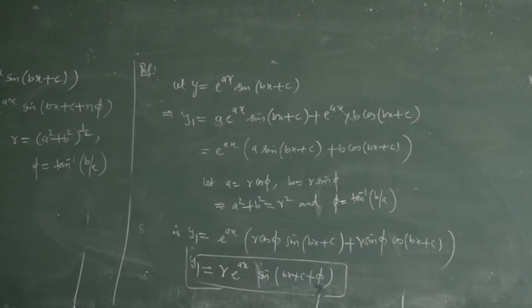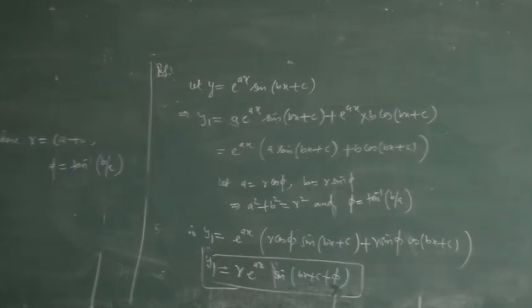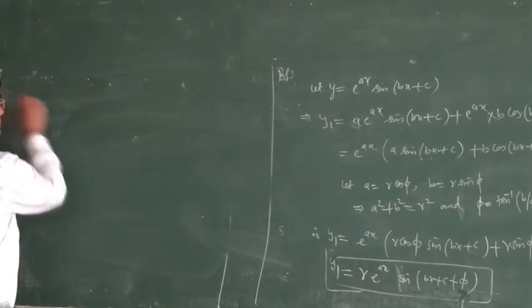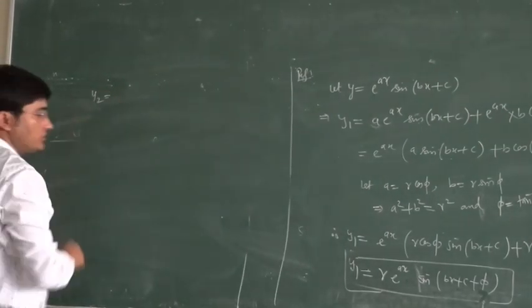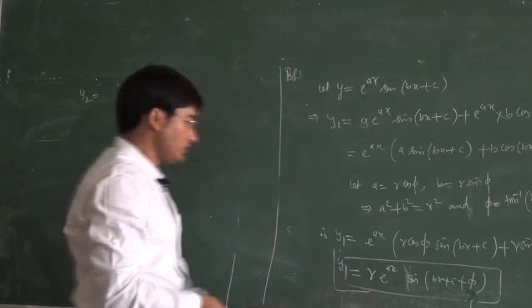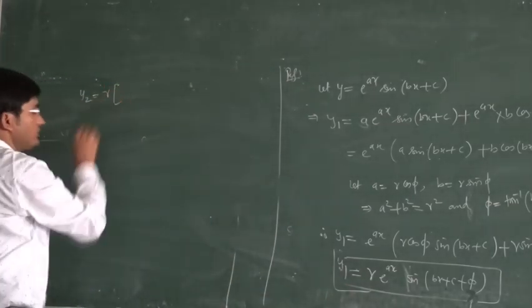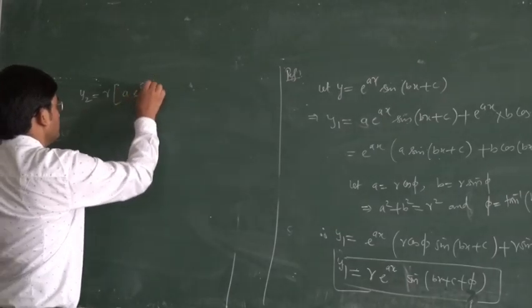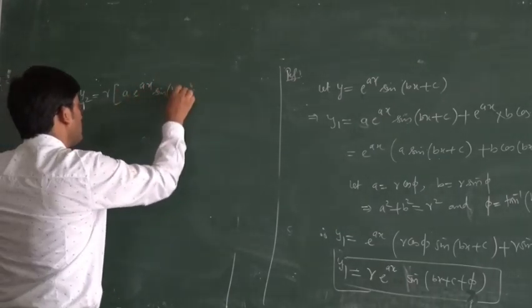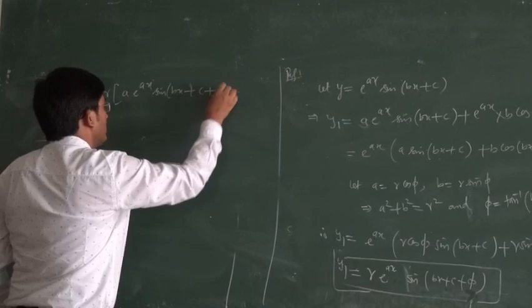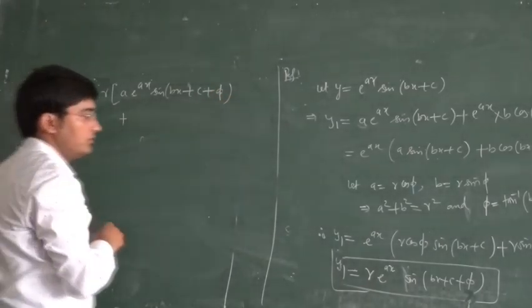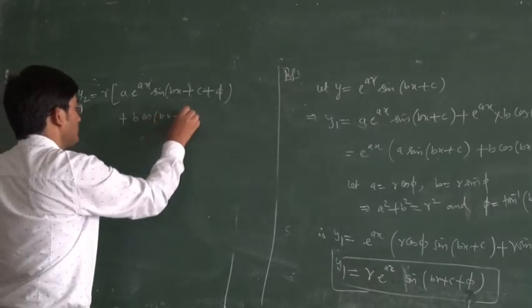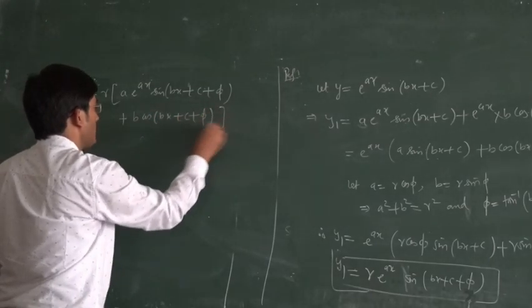Let us compute its higher order derivatives. Your y2 will be, now your r is constant, differentiation of e to power ax will be a into e to power ax into sin bx plus c plus phi. Then we have differentiation of sin will be cos, and differentiation of bx will be b.